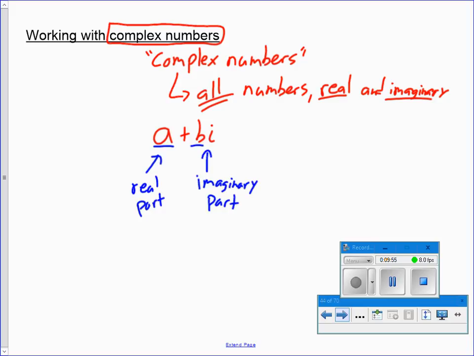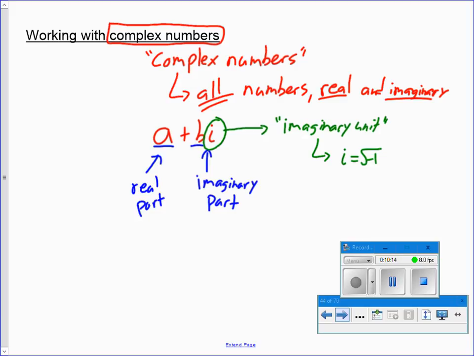And if you don't remember this from Math 3 or Math 2, this number i is called the imaginary unit, and what it represents is the square root of negative 1.